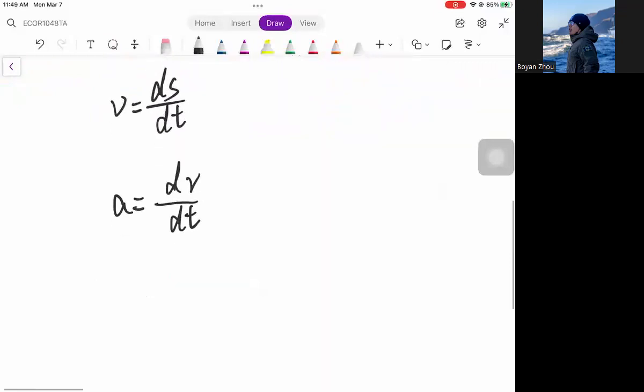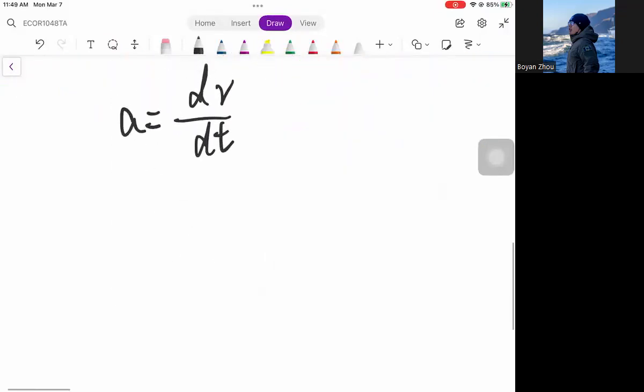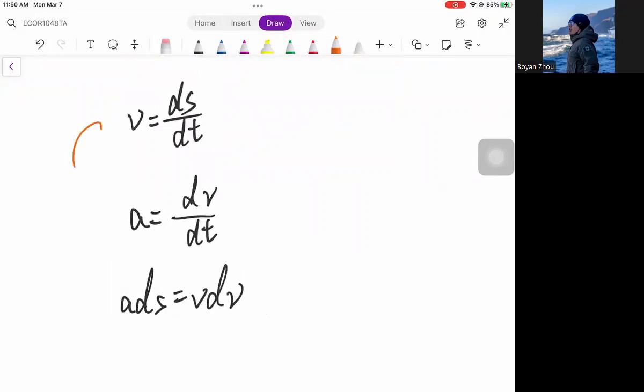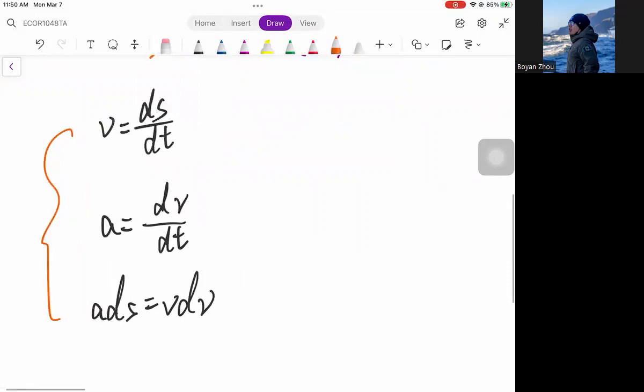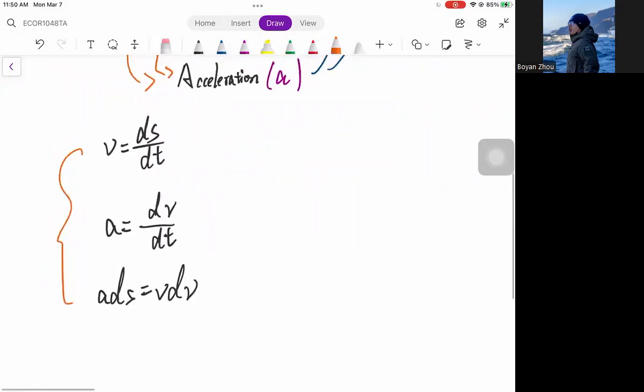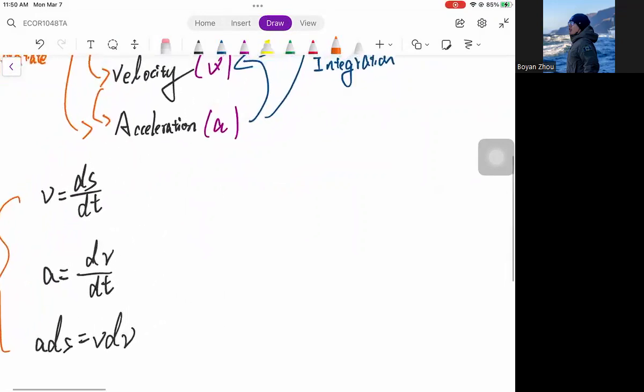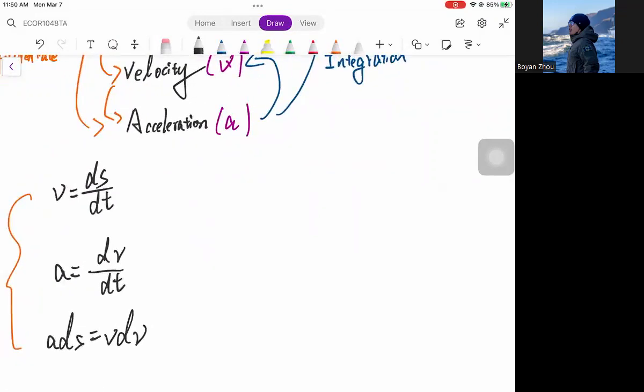Another one we're gonna use in today's questions is a formula called a ds is equal to v dv. For those equations, you just need to memorize them or know they exist. You don't have to understand how to derive them, you just need to know how to use them.